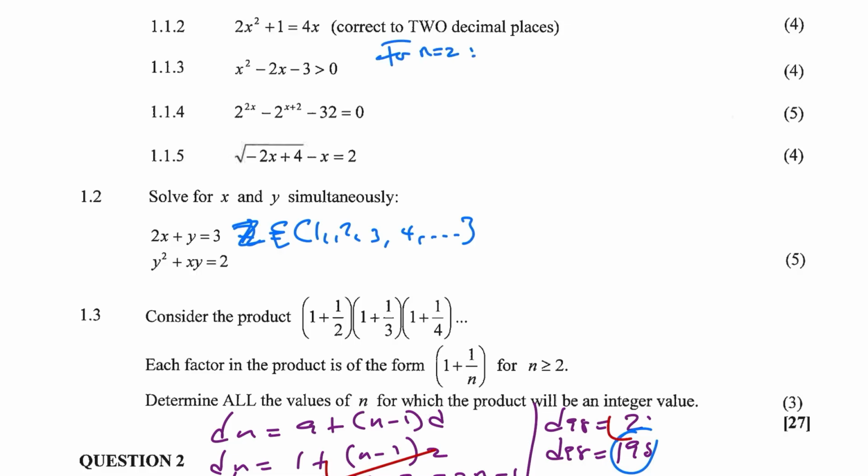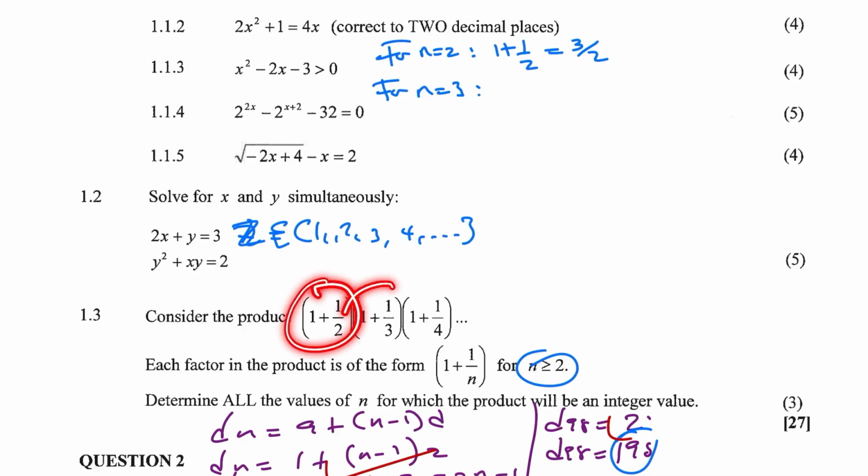So what they're saying is, for n equal to 2, because we're starting from n equal to 2, we have 1 plus 1 over 2. You can punch this in your calculator, it's just 3 over 2. For n equal to 3, remember, we're talking about product.